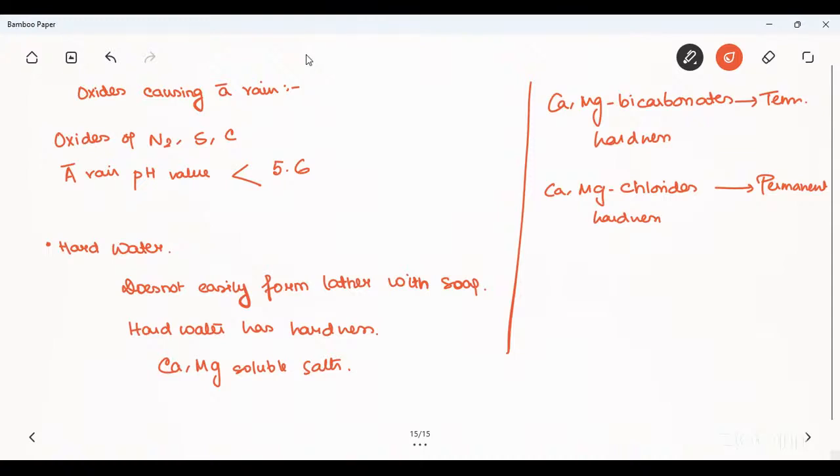So these are the two different things that cause hardness.